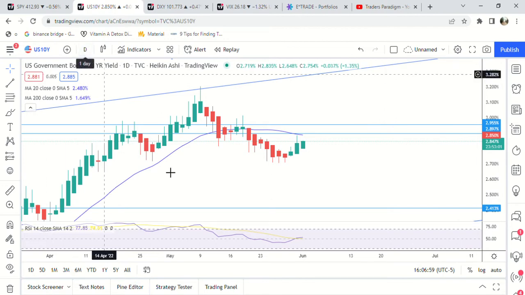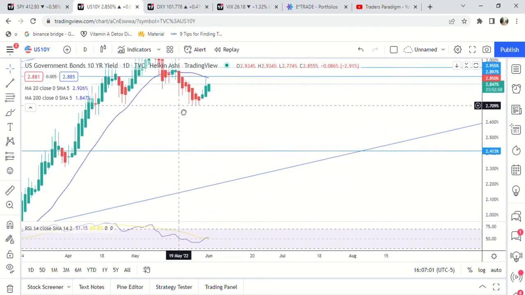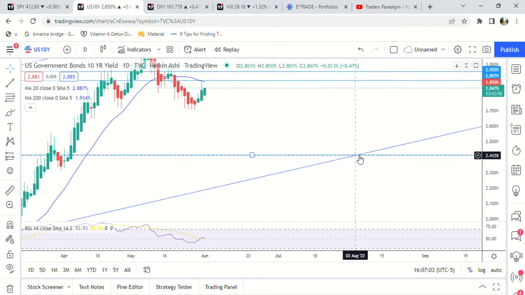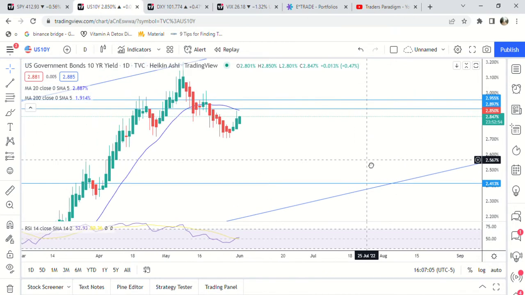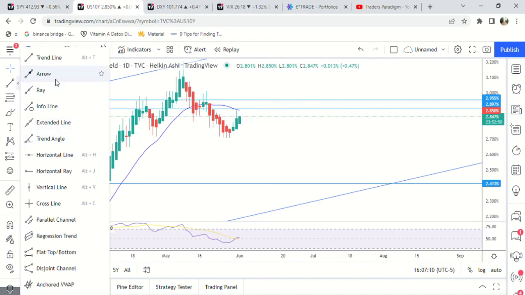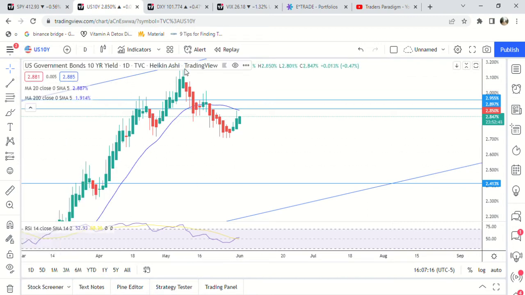And I have that one ending somewhere around the same thing, start of August. So I think this is going to go kind of like this. Where's my tool at? Oh, well, I'll show you. This up in here and then down in here. That's kind of what I'm expecting.